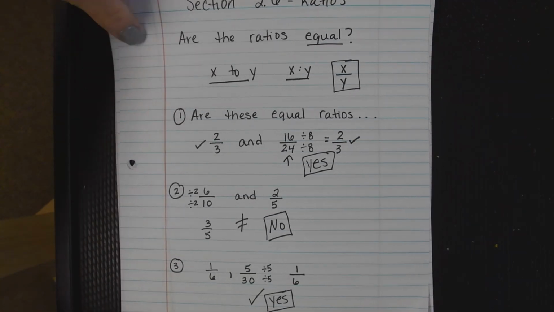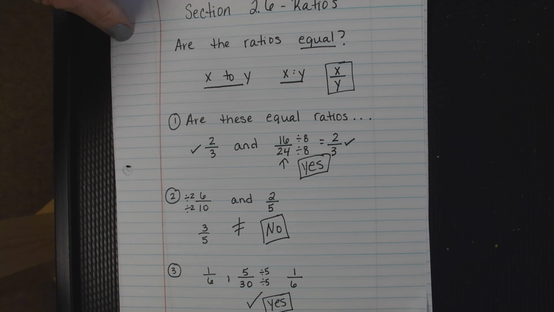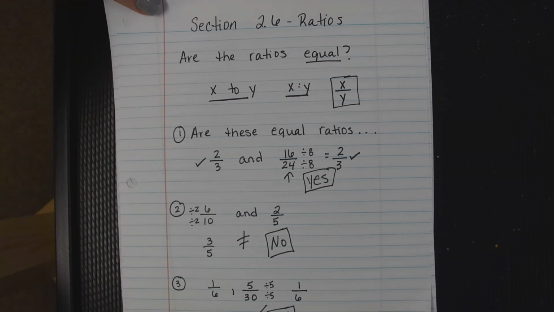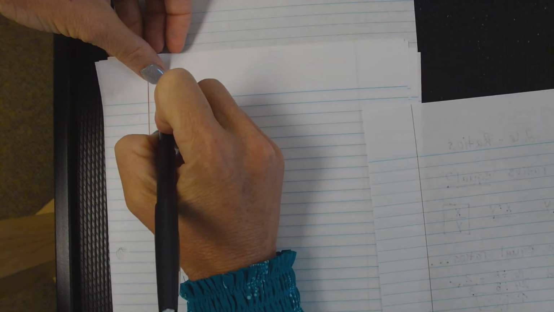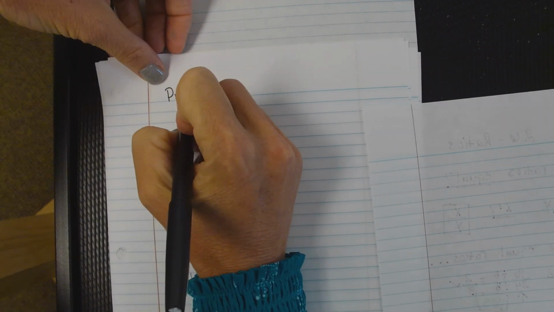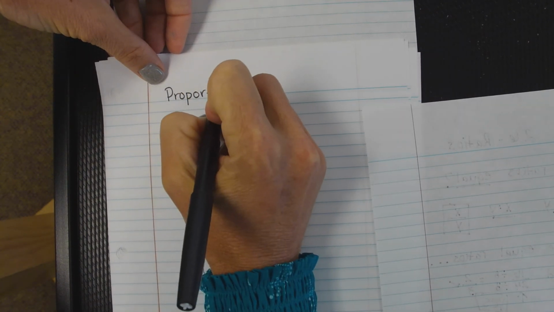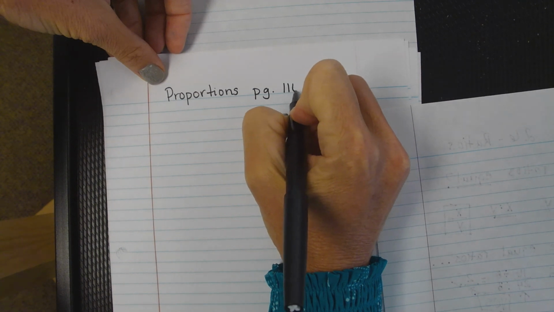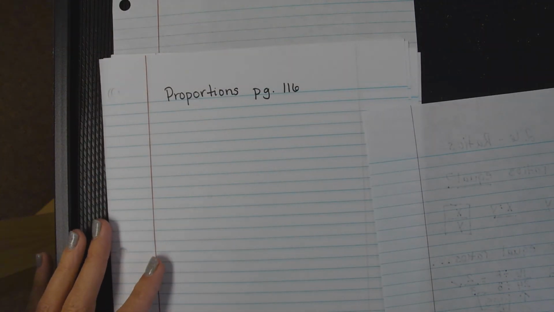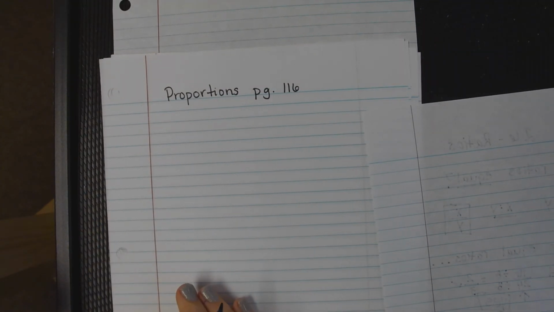All right, so I have one more thing I want to talk about, and that is what's called a proportion. So I'm going to go to a new page. And this is on page 116. If you want to look at your book, you don't have to.